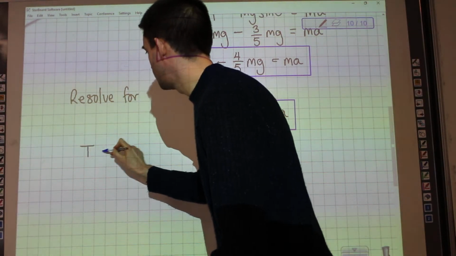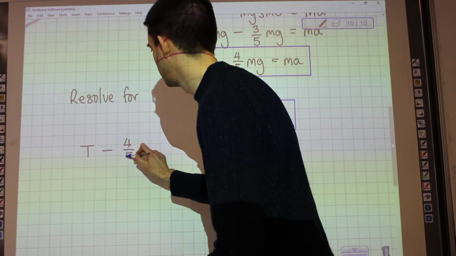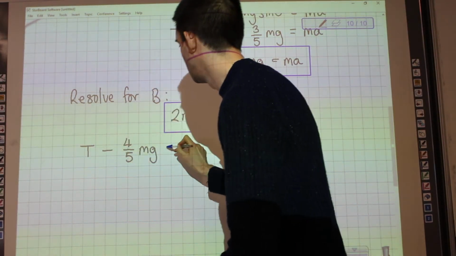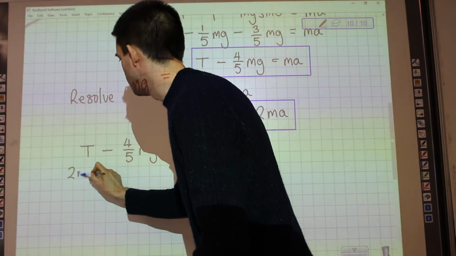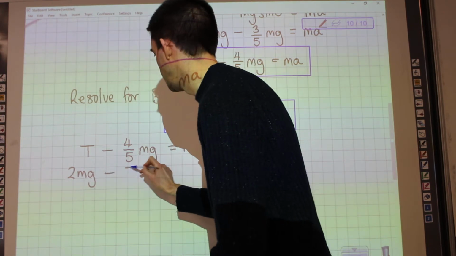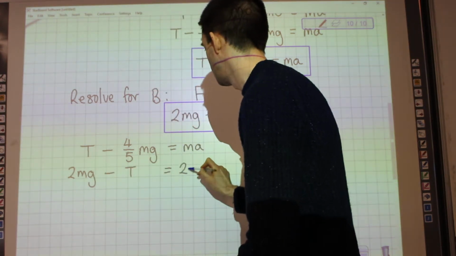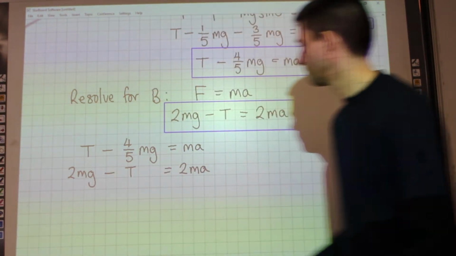So we've got T minus 4/5 mg equals ma, 2 mg minus T equals 2 ma.